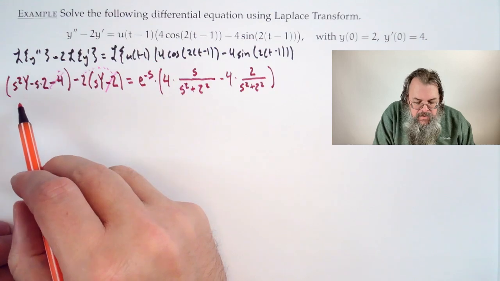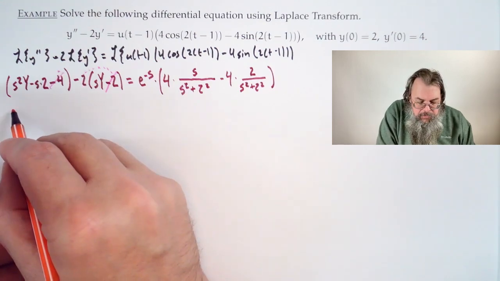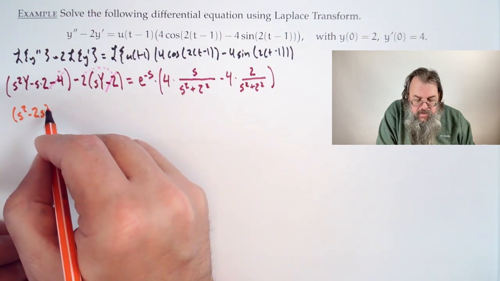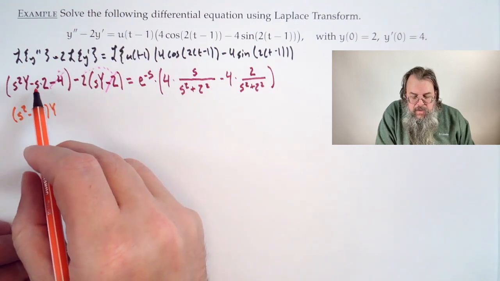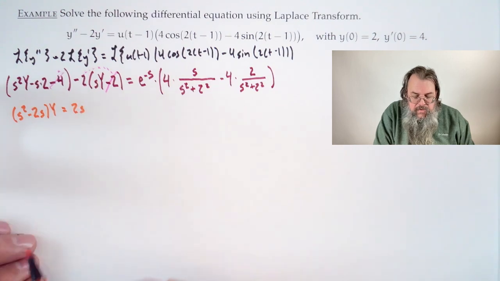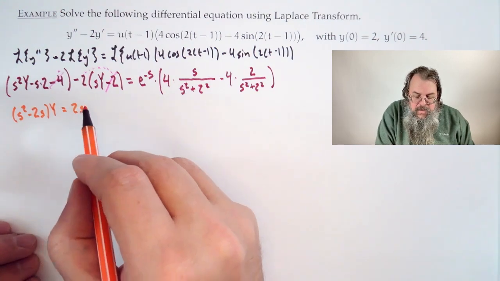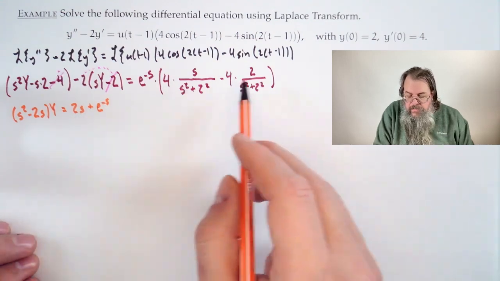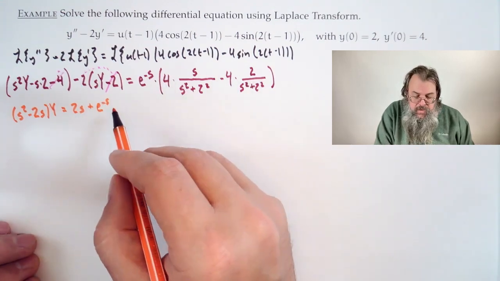We have s squared minus 2s, capital Y. Move that 2s across. That's equal to 2s. And then plus, we'll say e to the minus s, and we'll go ahead and push these together.